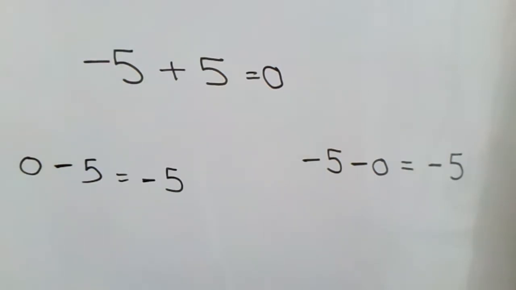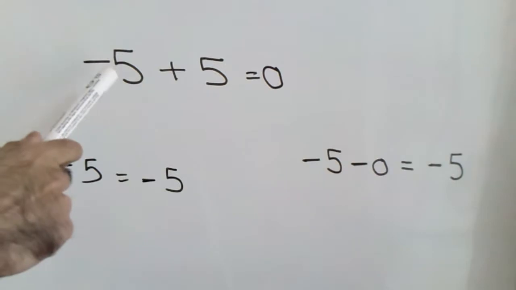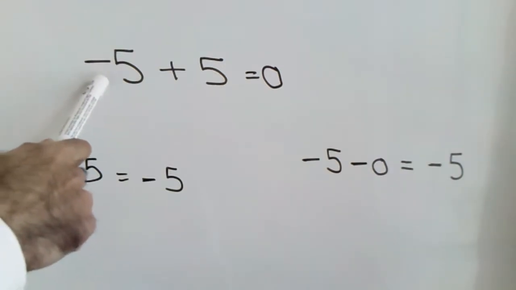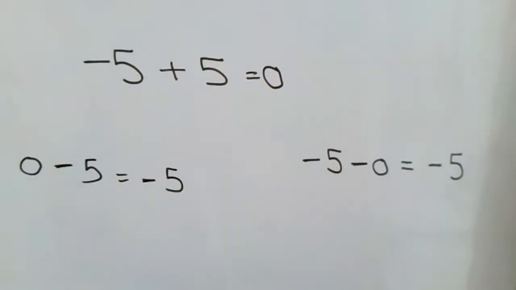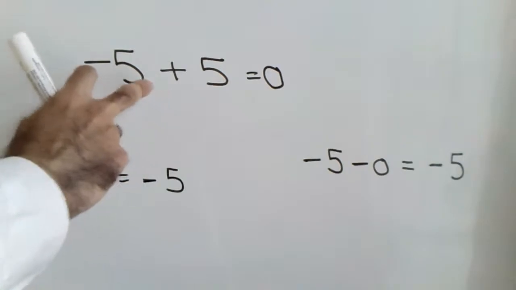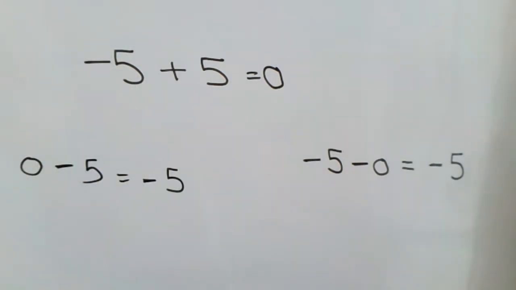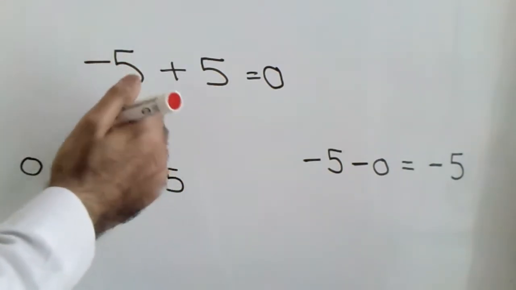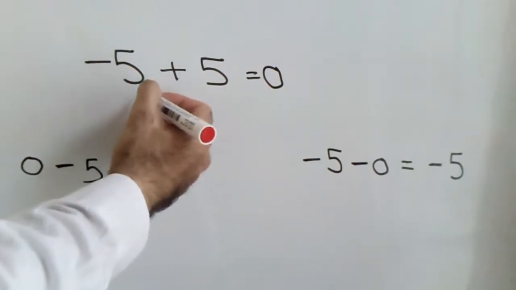Okay, let's have a very quick look at some examples that hopefully shouldn't cause any problems. What if we had negative 5 add 5? If you recall the methods we were using, if the signs are different, then you take away after you find the absolute value.